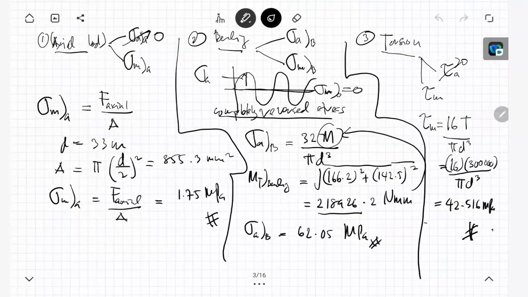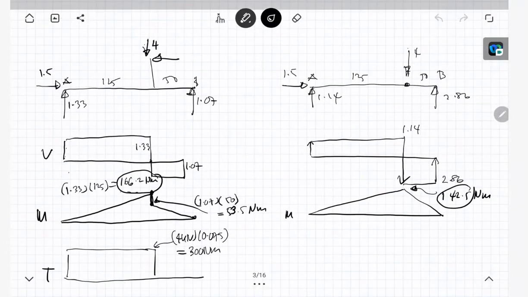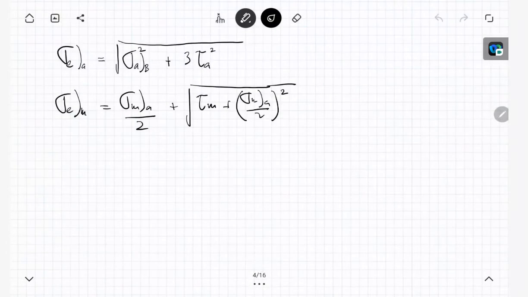For the alternating, we just have bending. For means, we have axial and torsion. So it means that alternating torsion is 0. So this one we get 62.05 megapascals. Untuk means, equivalent means, kita ada this value and we have this value as well.